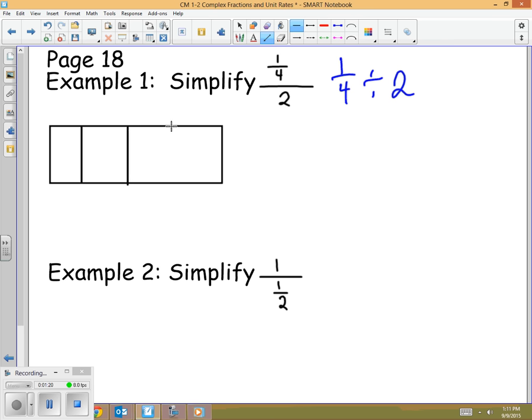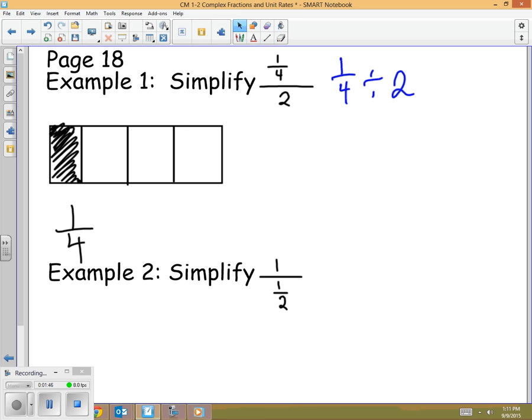Go ahead and draw lines to make 4 equal parts. Now, we have 1/4 of the candy bar to begin with. So I'm going to shade in just 1/4 of the candy bar to represent the part that belongs to me. There's our 1/4.